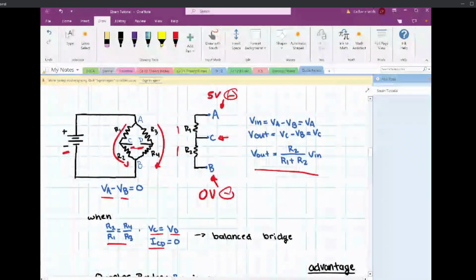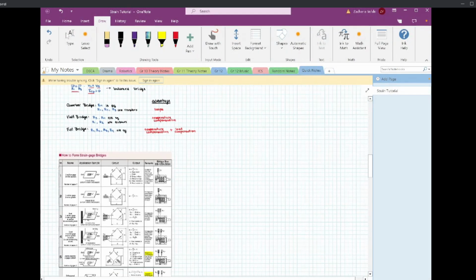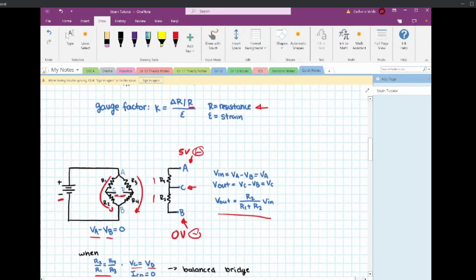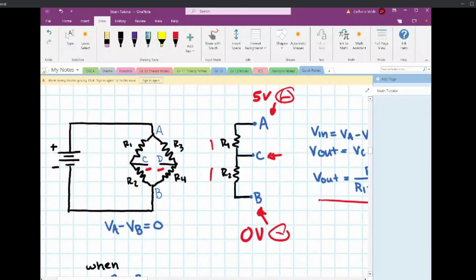And then for strain gauges, it gets a little different. One of the more basic ways that we started out with, for measuring the change in strain, is by replacing R2.